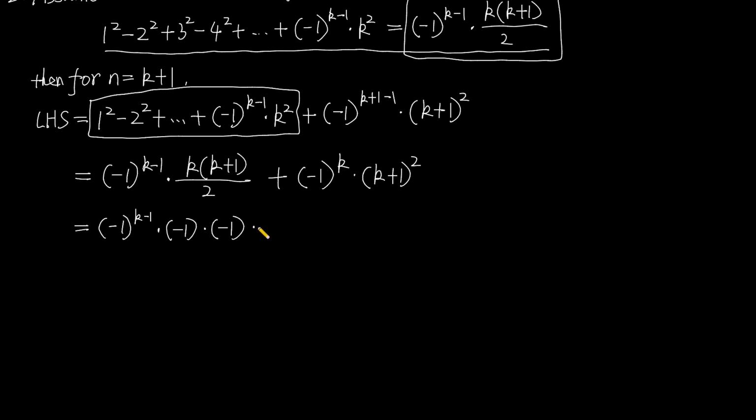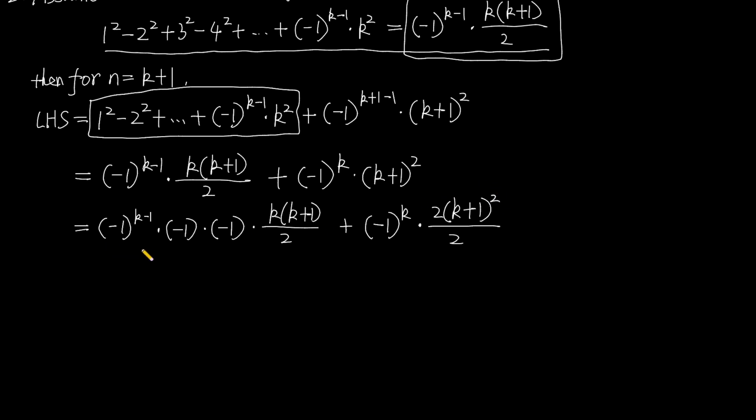Then multiply 2 k plus 1. Then plus, we do this way. K is -1 to the power of k, it's this part. Then multiply 2. Here is also 2 multiply k plus 1 squared.